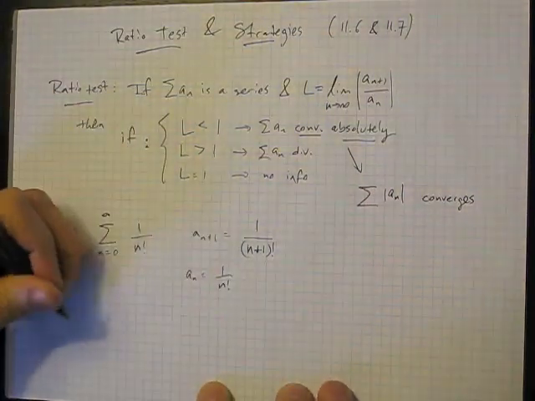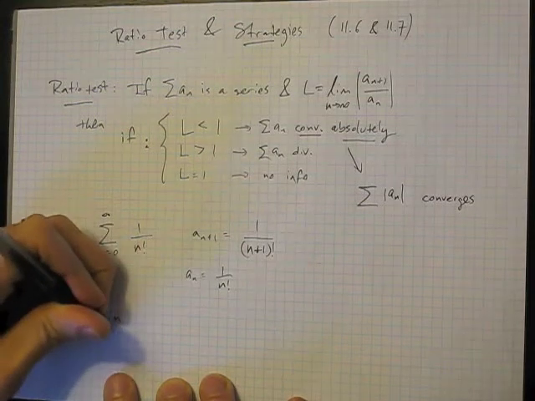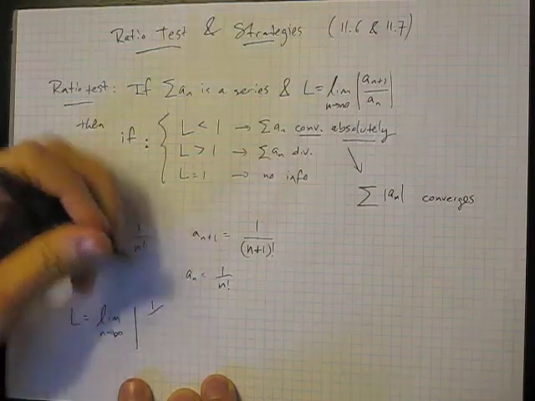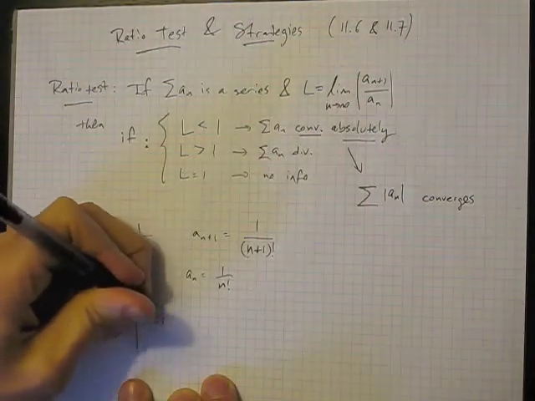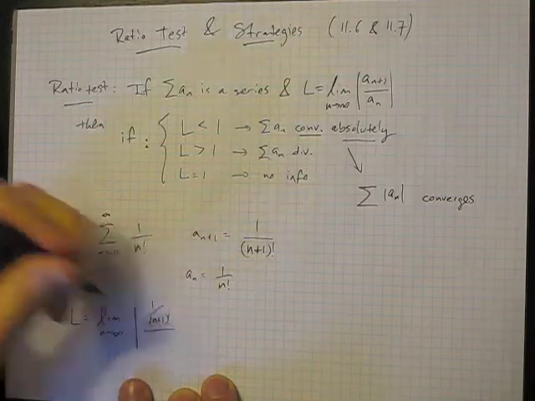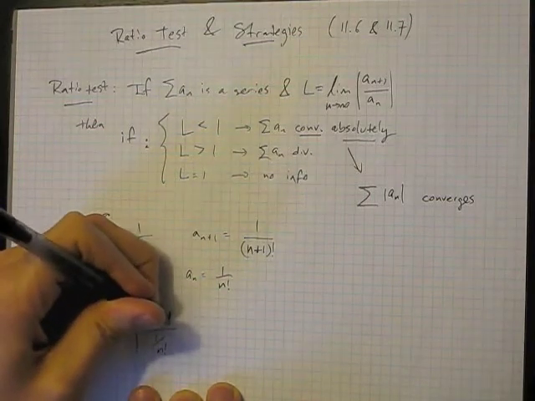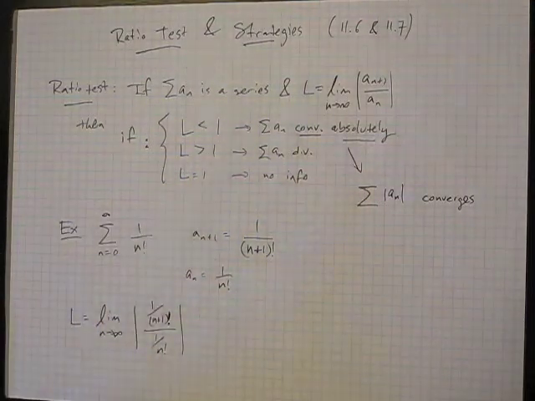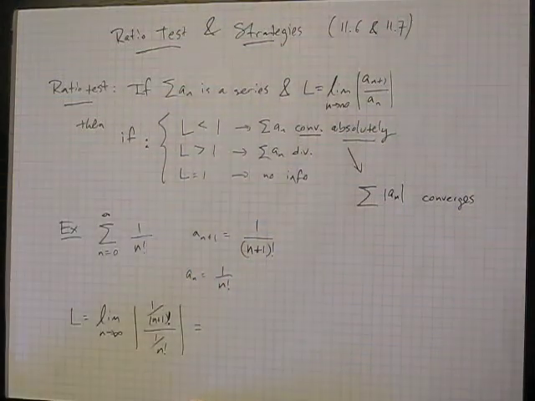So L is the limit as n goes to infinity of the absolute value of the n plus 1 term divided by the n term. So here we have 1 over (n+1) factorial divided by 1 over n factorial. So it's a factorial symbol right there. All of these terms are positive, and so the absolute values are not consequential in this calculation.